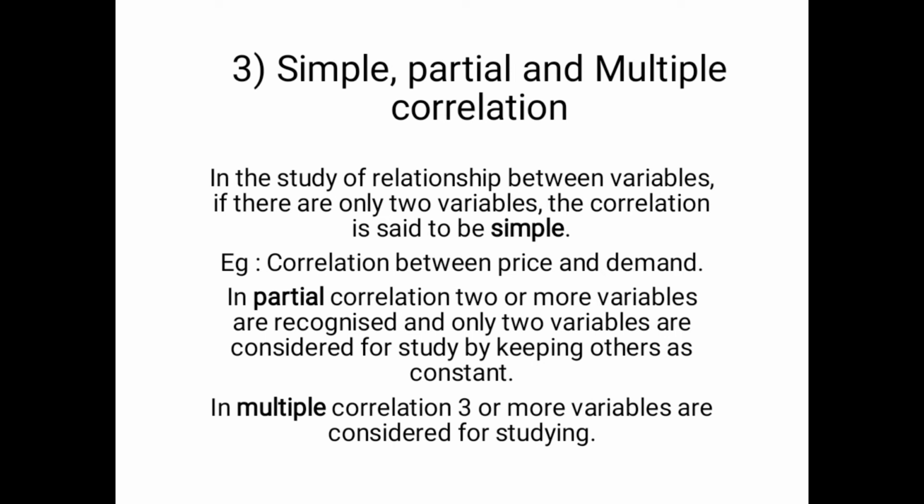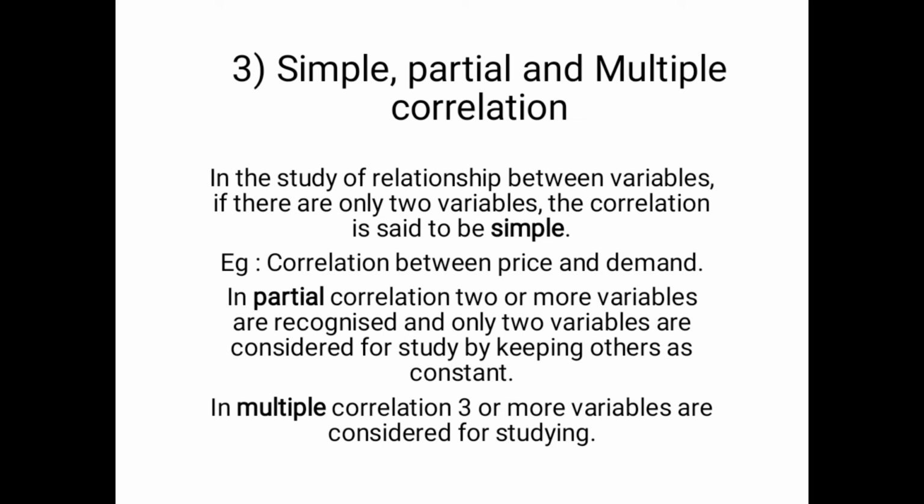Next classification is simple, partial and multiple correlation. On the basis of number of variables, we can classify the correlation into simple, partial and multiple correlation. What is simple correlation? When only two variables are studied, it is called simple correlation.